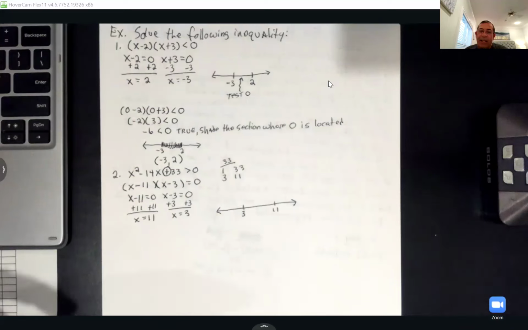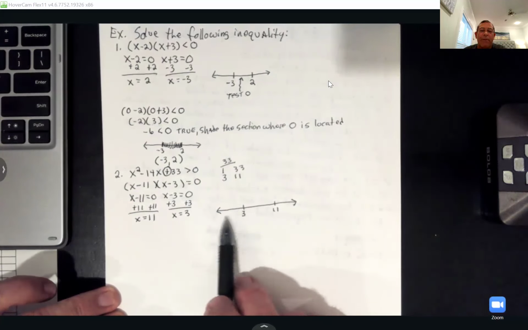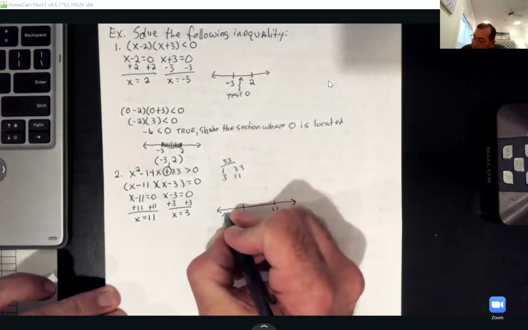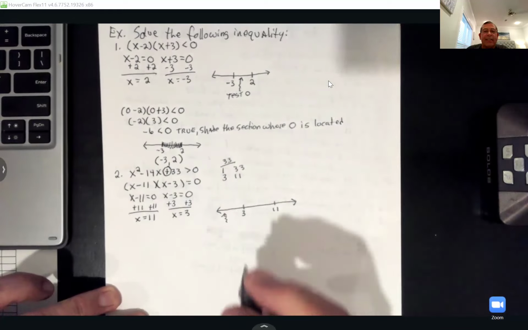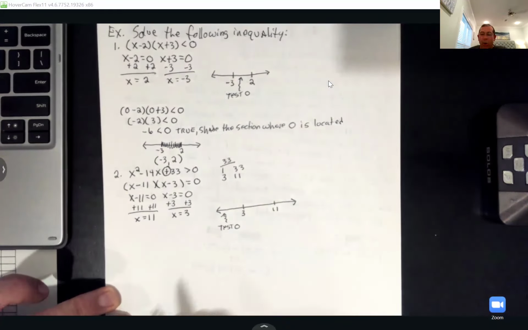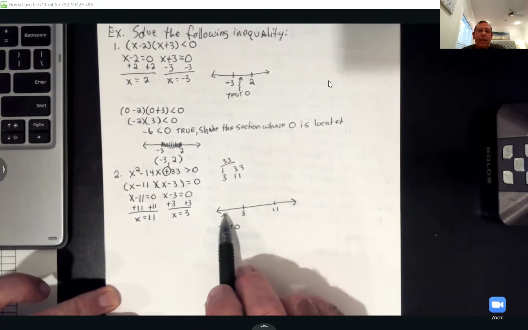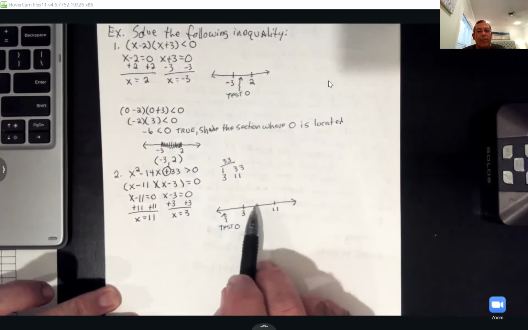If I'm going to check 0 this time, well, 0's not in the middle this time. 0 is going to be over here before the 3. So I know 0 is in this section over here. So if it's true, we'll shade the end and the other end. If this is false, then the only place that'll shade will be the middle.